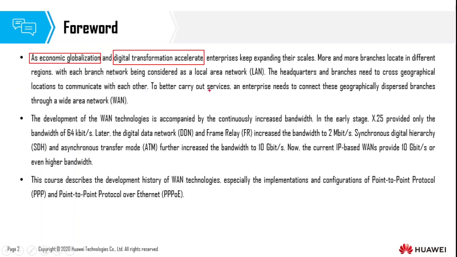To better carry out services, an enterprise needs to connect these geographically dispersed branches through a wide area network, also referred to as a WAN. The development of WAN technologies is accompanied by continuously increased bandwidth. In early stages, we had the X.25, which provided only about 64 kilobits per second bandwidth.